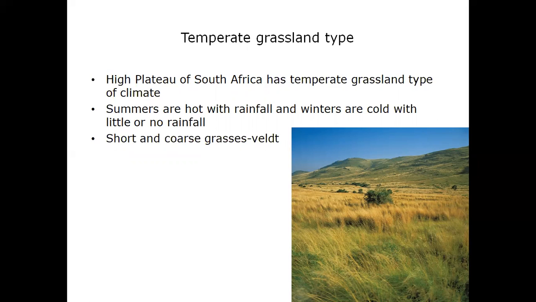Some parts of the continent receive too much rainfall, whereas some receive no rainfall at all. So it's likely that droughts occur in this part of the world. And there are also short and coarse grasses in the temperate region, and they are known as veld.